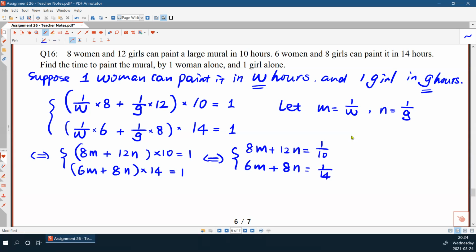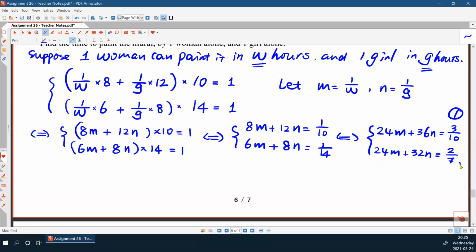Okay, so how do we solve it? You can times 3 to both sides of the first equation, which is 24M plus 36N. And times 4 to both sides of the second equation, 24M plus 32N.